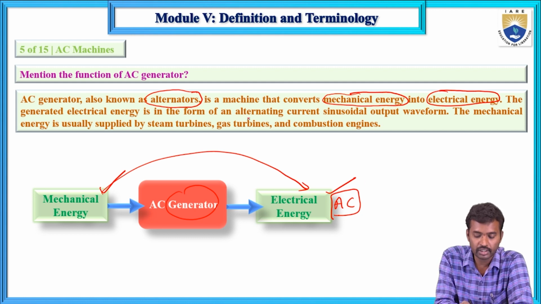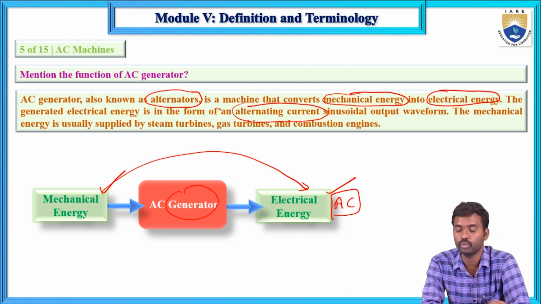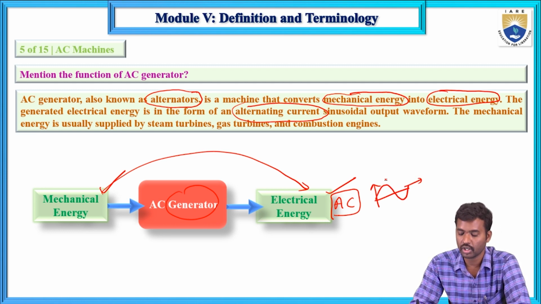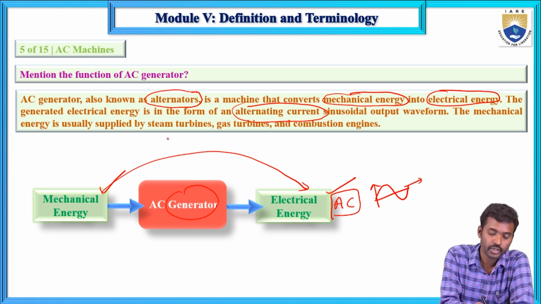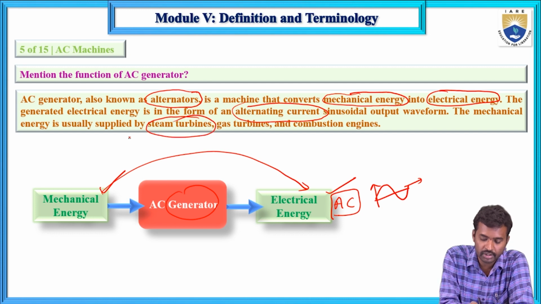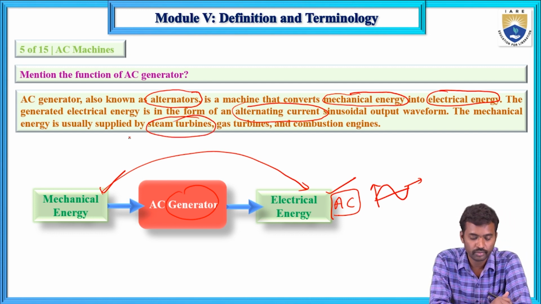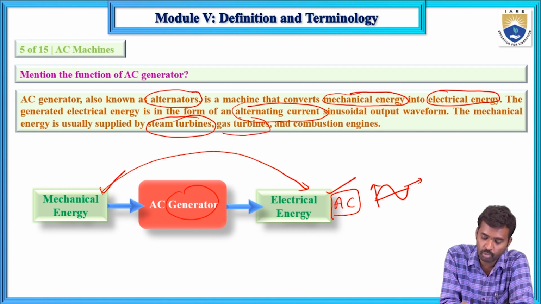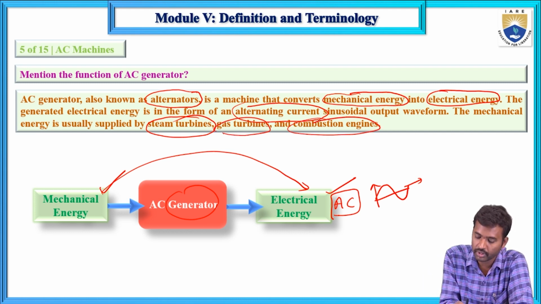The electrical energy is in the form of alternating current, a sinusoidal output waveform. That mechanical energy is usually supplied by steam turbines, so it requires mechanical energy in the form of steam, or we can use gas turbines and combustion engines.